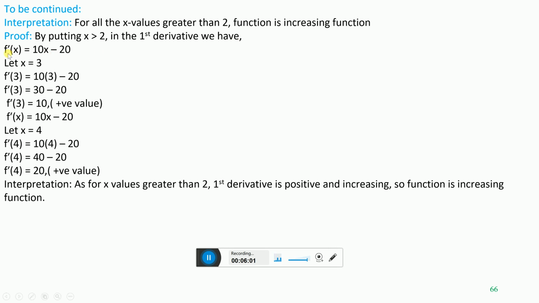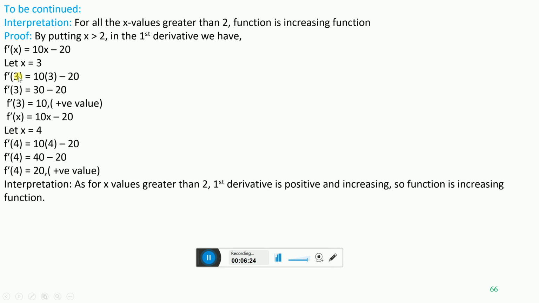So this is the first derivative, f prime of x is equal to 10x minus 20. Let the value of x be 3, which is greater than 2. Here the condition is that the x value must be greater than 2. So x is equal to 3. I am putting this value of x in the first derivative.